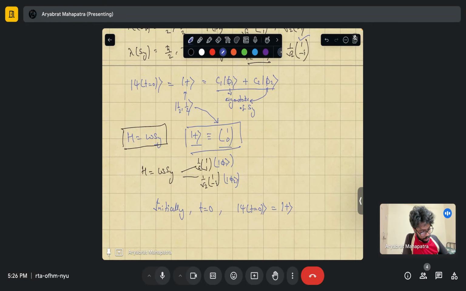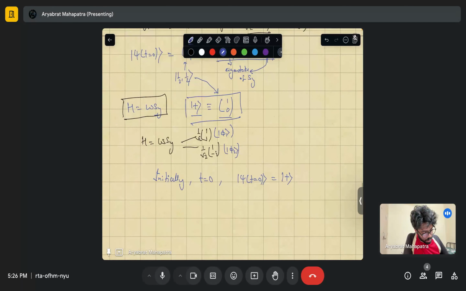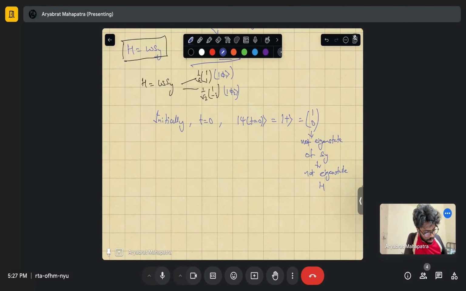So if psi at t equals 0 is 1 0, then this is not an eigenstate of Sy, which means not an eigenstate of the Hamiltonian. That is what it means.